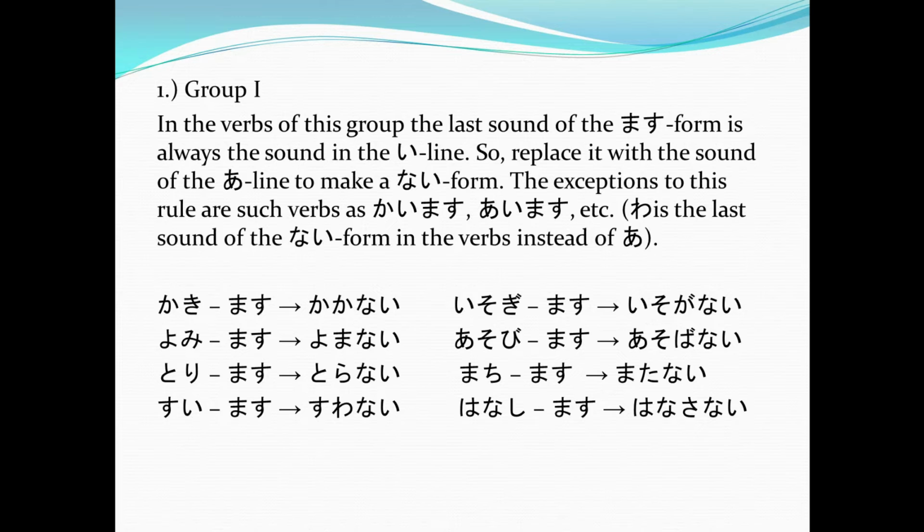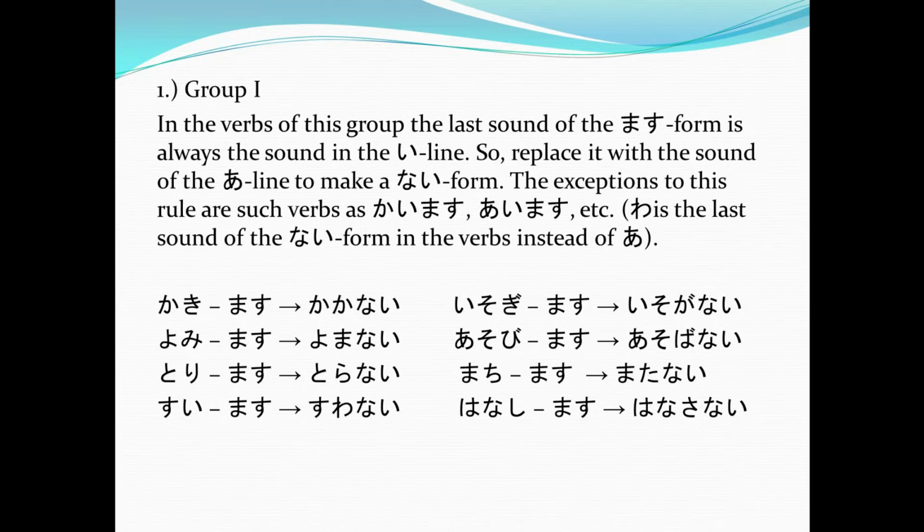Again, matanai. Then the last example for group 1, hanashimasu, to speak. Drop the masu, then change the shi to its A line counterpart, which is, what was it? Alright, very good, sa. Then add nai, so hanashimasu will become hanasanai.